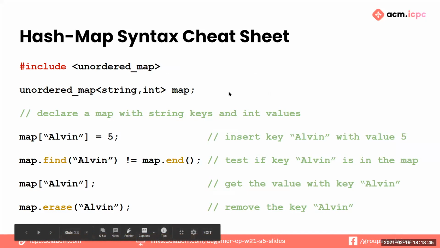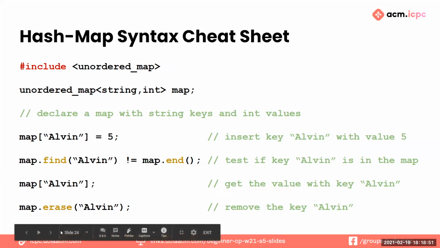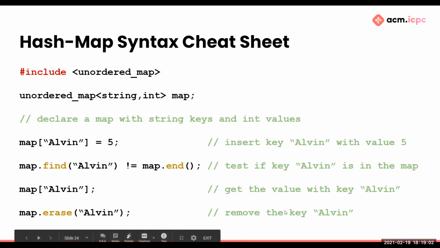But anyway, here is just a cheat sheet of what we just went over. This is just a general summary if you want to use hash maps later. I'll give you guys a few seconds to look at it.